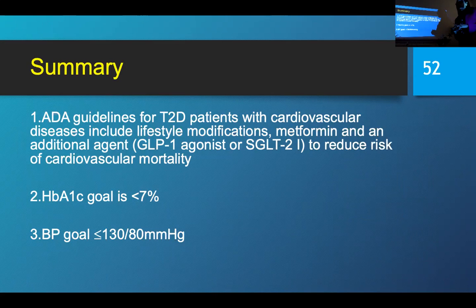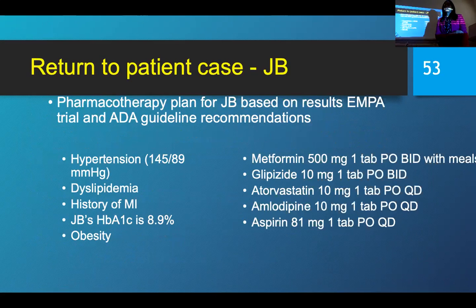The HbA1c goal is less than 7%. Patients should be aimed at a goal of lower than 130/80 mmHg. Now, before returning to our patient, I would like to mention that there is a question and answer session after the presentation. It will be about 5 minutes of your time.